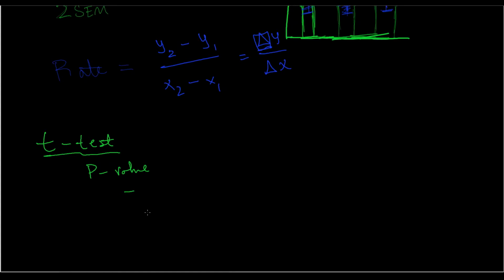And so what the p-value will do is tell you how much of a chance there is for error, or how much of a significant change there is, and so how much error there is in the data. If the p-value is less than or equal to 0.05, then there is a significant change.